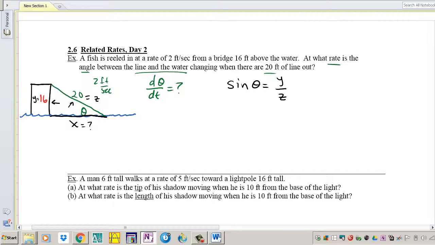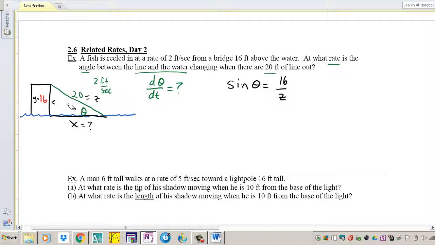Now the thing is that the bridge's height is never changing. Notice, if you reel in a fish, the bridge's height never changes. So y equals 16 is a fixed value. It's a fixed quantity. The bridge's height does not change because you're reeling in a fish. The fishing line itself does change.